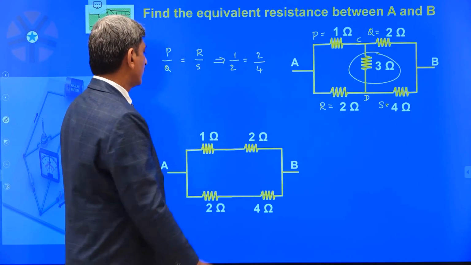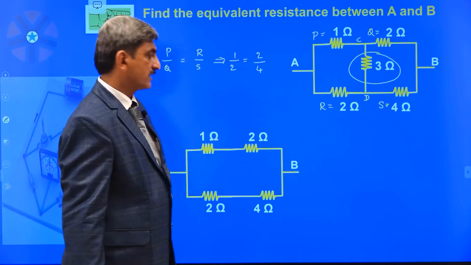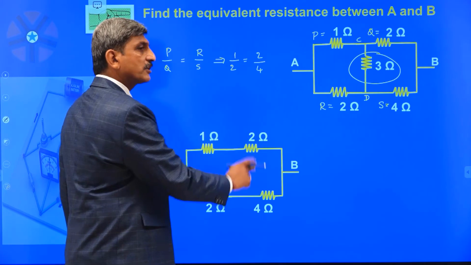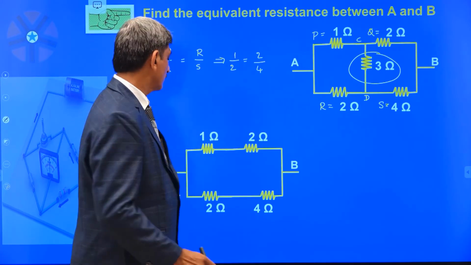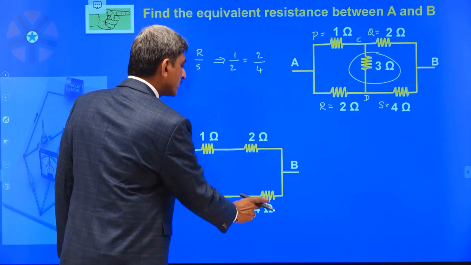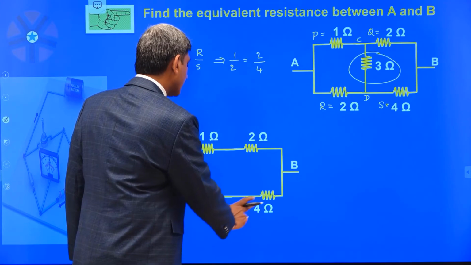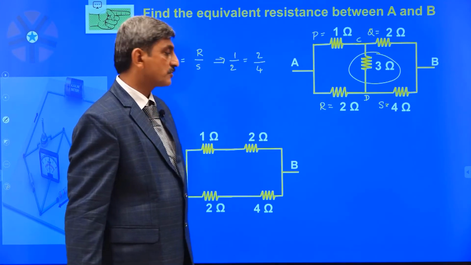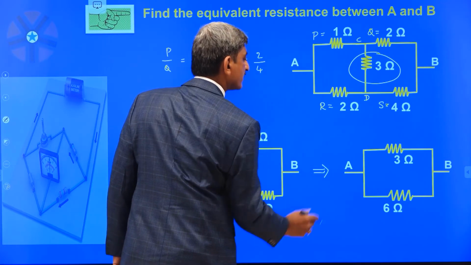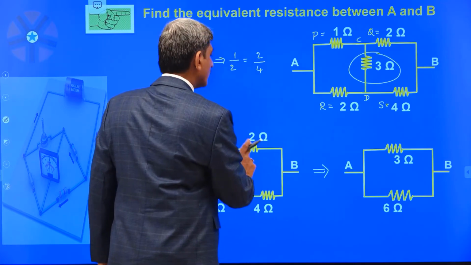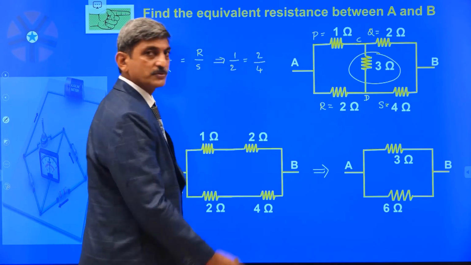Now here, this is 1 ohm, this is 2 ohm, both are in series. For the series combination, the series resistance is given by R series is equal to R1 plus R2. Again, these 2 ohm and 4 ohm are also in series combination, so the effective resistance of these 2 resistors is 6 ohms, so this network can be redrawn with 1, 2 replaced and 2, 4 replaced by 6 ohms.